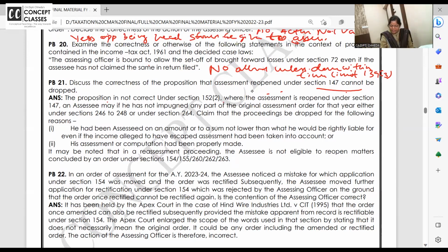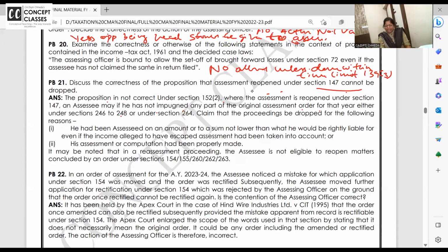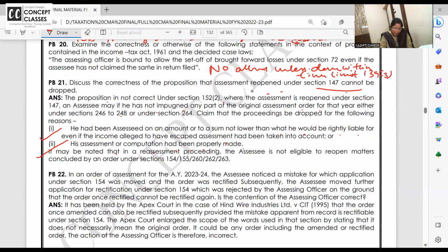Under 152, where assessment is reopened, SSE may, if he has not impugned any part of the original order for that year, under 246 to 248, claim that proceedings be dropped for the following two reasons. He has been assessed an amount not lower than what would be rightly eligible. His assessment or computation has been properly made.